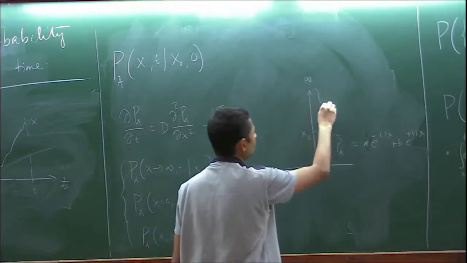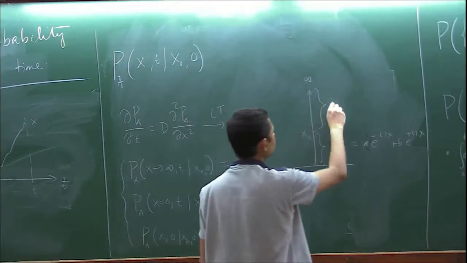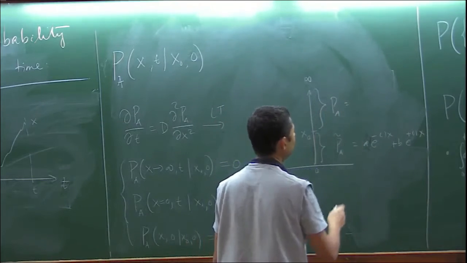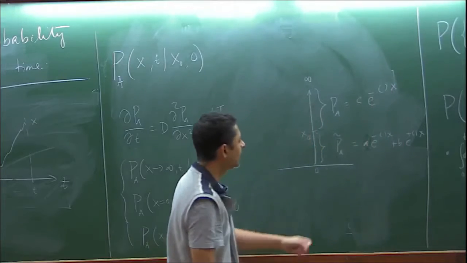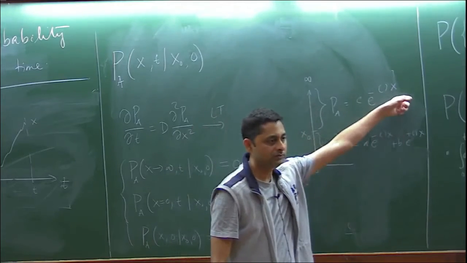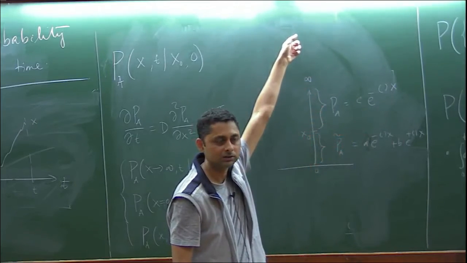You solve in this range. In this range, your P of A will be C e to the power minus something times x, and there cannot be any positive term because your solution should vanish at infinity, right?